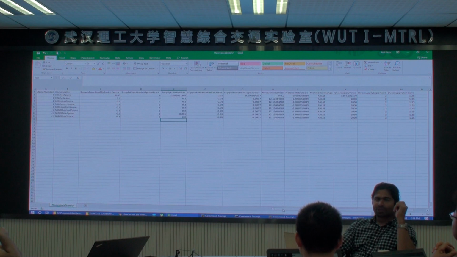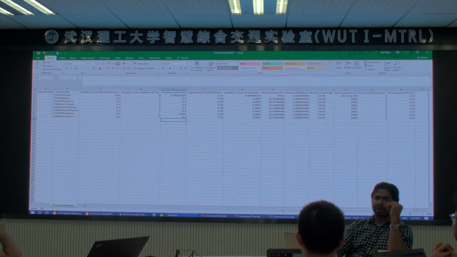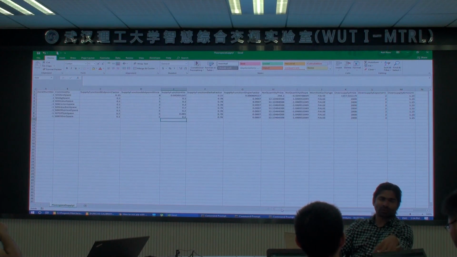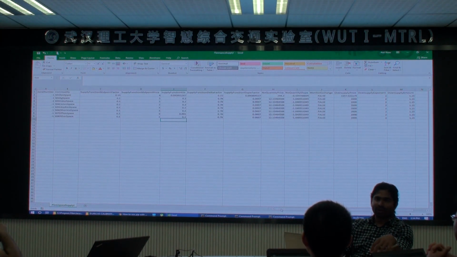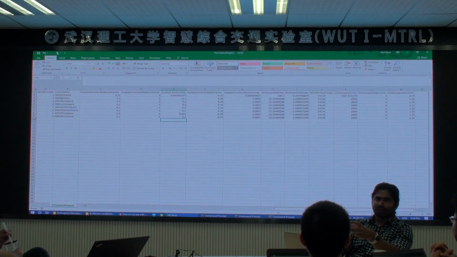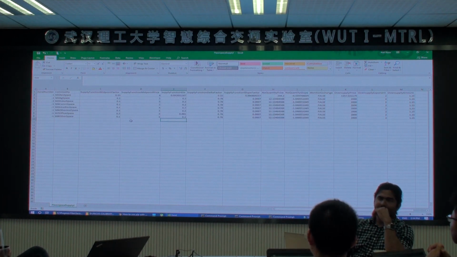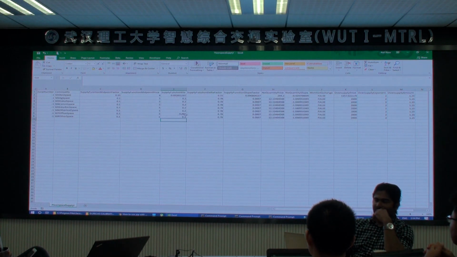Because if the price is high, we need to use 100% of the floor space quantity in each zone. But low price means most of the houses are vacant. So there is a vacancy rate, and these functions calculate the vacancy rate for the model in each zone based on the price.